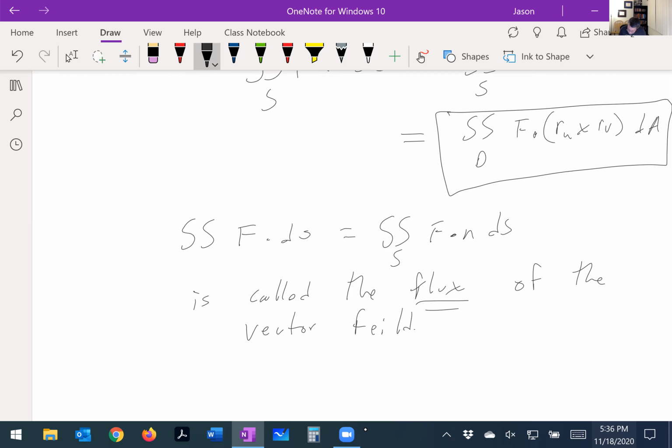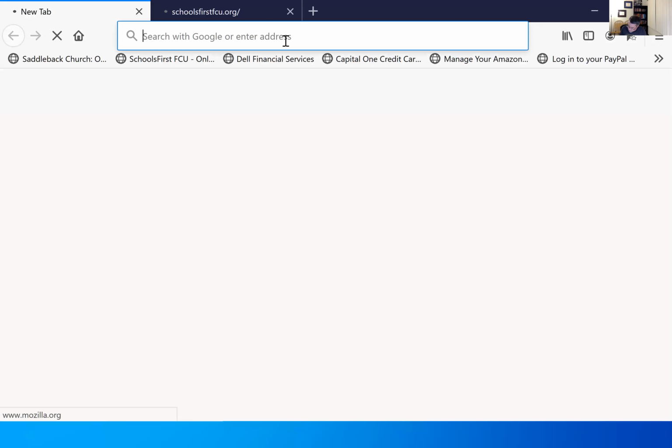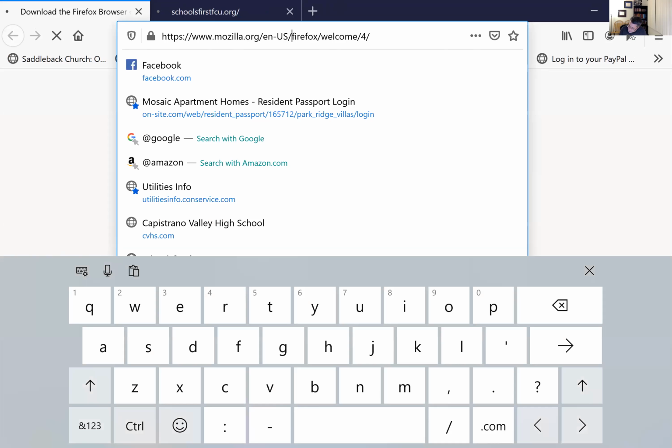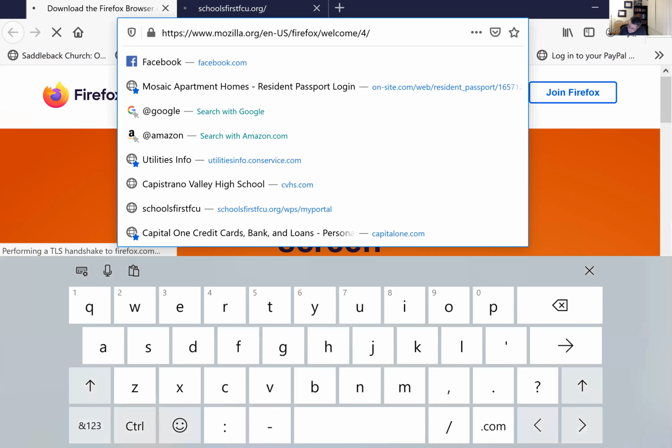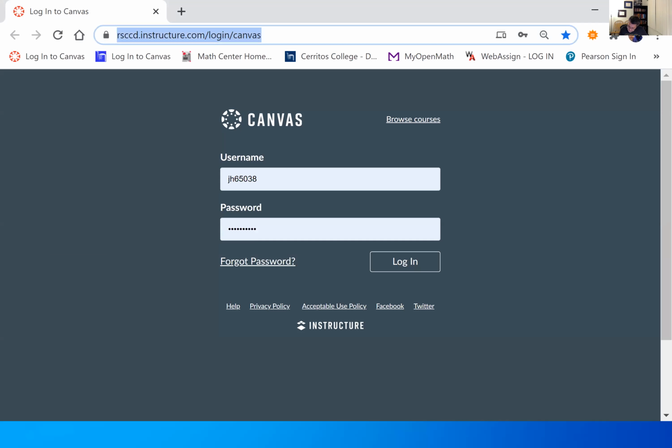And again, I didn't have time to go into exactly what the flux is, but you can go onto Math Insight and read all that you want about how that relates to the fluid dynamics.